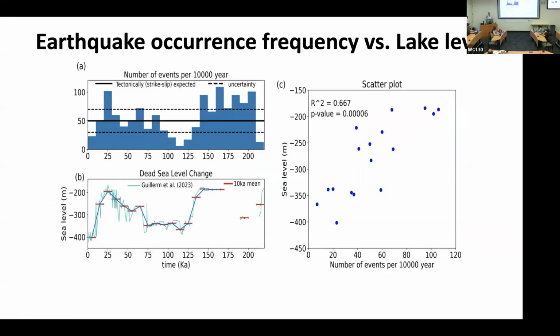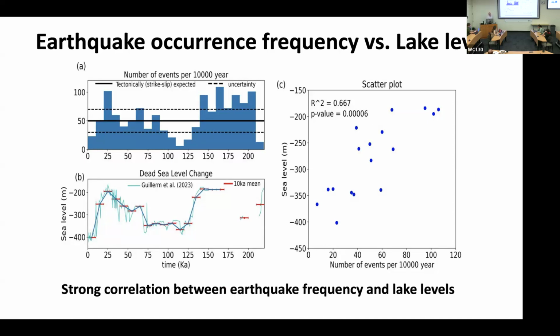So we did a correlation analysis between the number of events per 10,000 years, the mean lake level for 10,000 years versus the number of earthquakes per 10,000 years. And we get this nice correlation, suggesting a strong correlation between earthquake frequency and lake level.